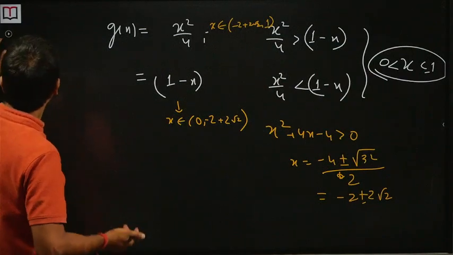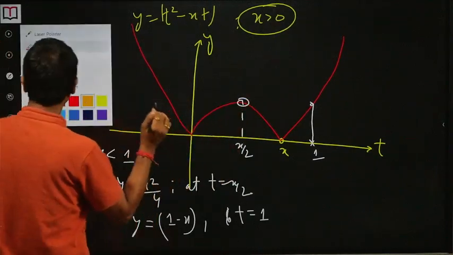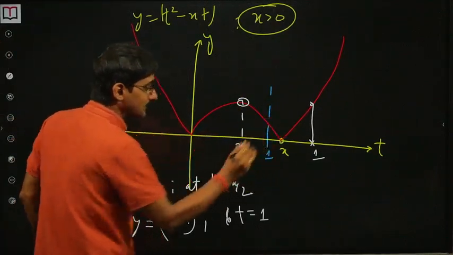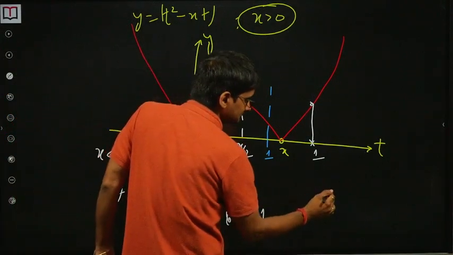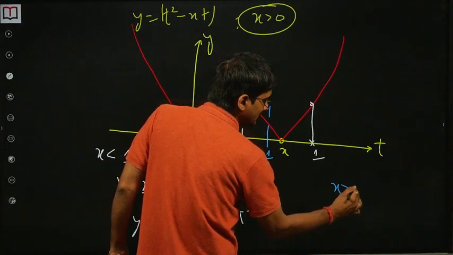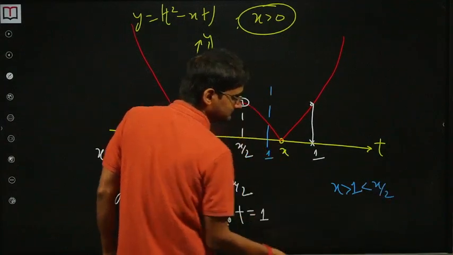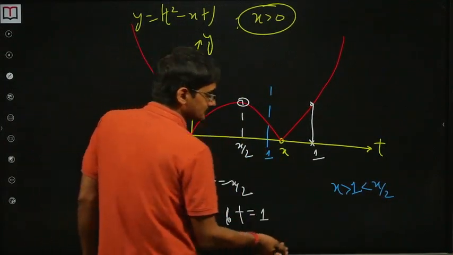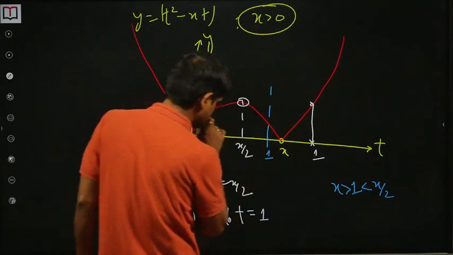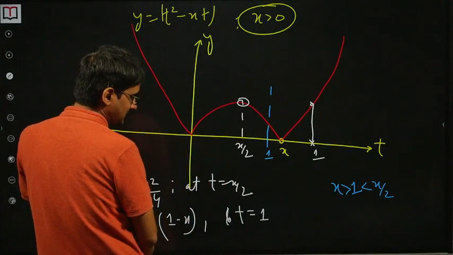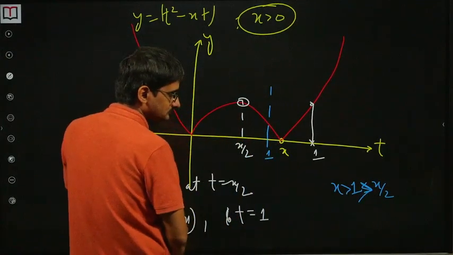So that's one case. Now what if x is greater than 1? If we have 1 here, again there are two possibilities. x is greater than 1 and 1 is less than x/2, or x is greater than 1 and 1 is greater than x/2.